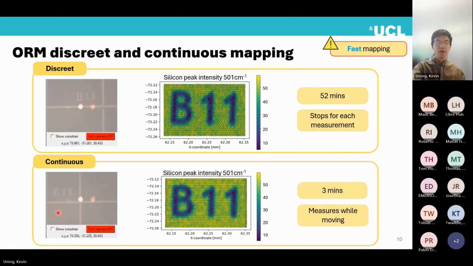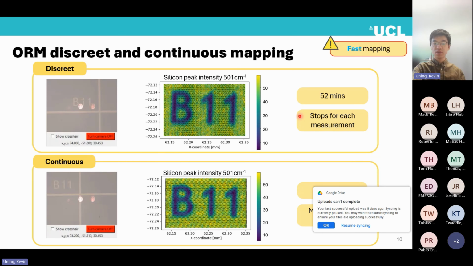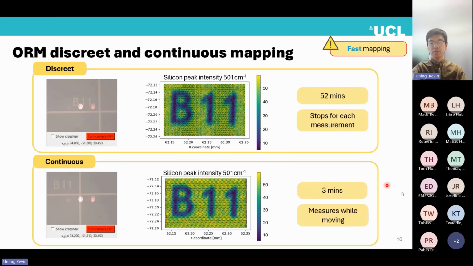And what this means is that we were able to reduce the mapping time from 52 minutes, in this very specific case of this B11 mapping, down to just 3 minutes over here.